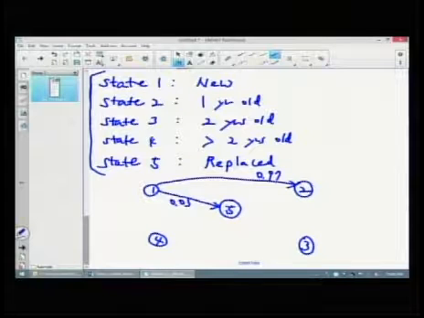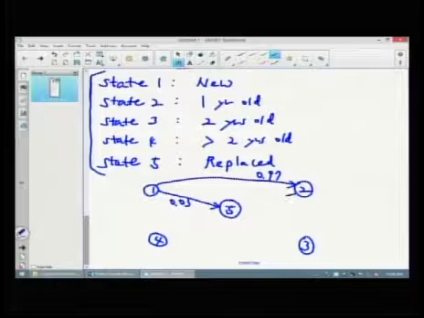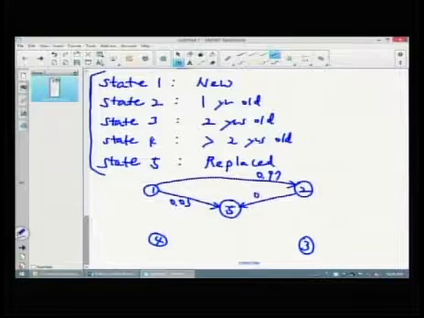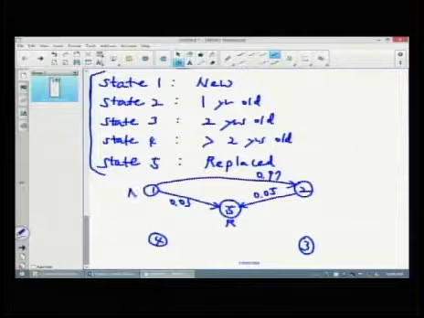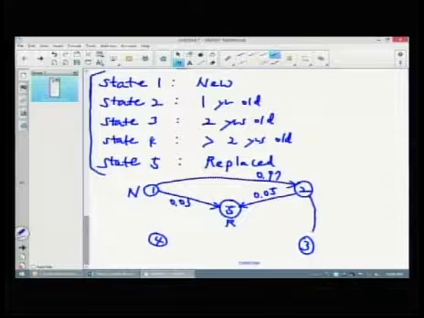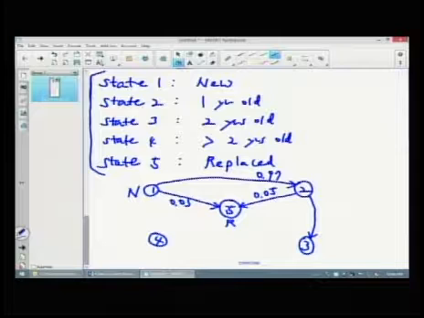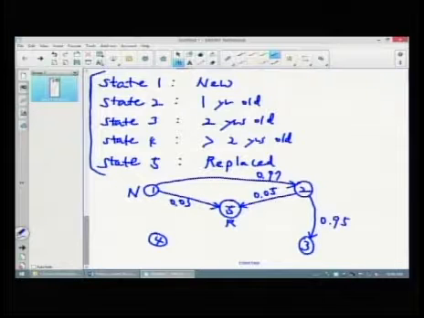Starting from 1 year old, 5% of them will fail, so that it will be replaced. Okay, so this is replaced. This is the new machine, right? Otherwise, it will survive. So 95% chances. Okay.